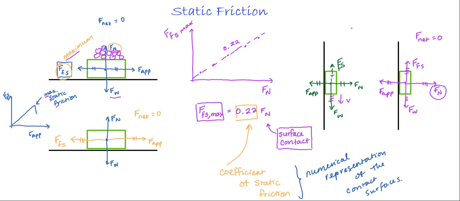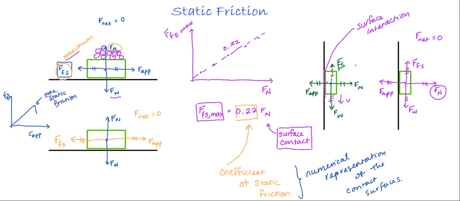Well, what I might do is change the surface that's in between the contact space between the box and the wall. This is the surface interaction, and the surface interaction, not necessarily how hard I'm pushing in terms of the surface contact, that's the normal force, but actually what the two surfaces are that are in contact.